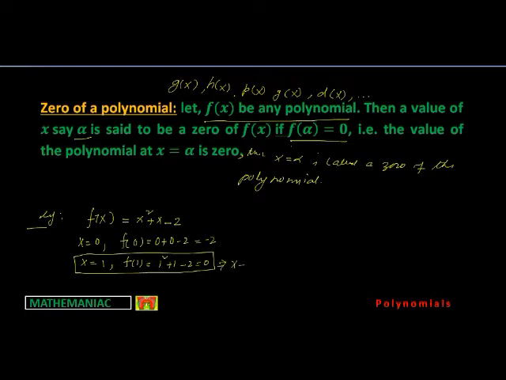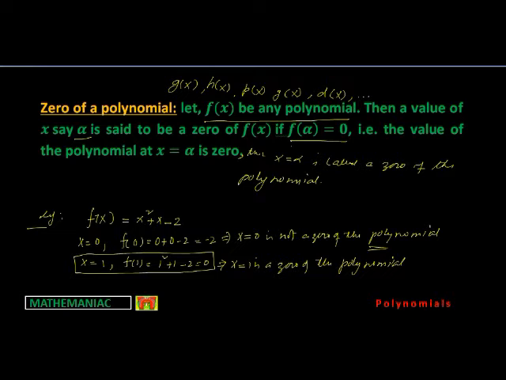So this implies x = 1 is a zero of the polynomial. Am I clear to you? But here you see, if I put 0, the value doesn't come out to be 0. So this implies that x = 0 is not a zero of the polynomial.